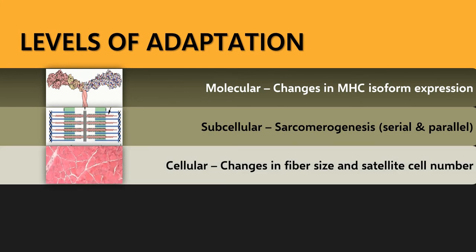Next level, we will see changes in the myofiber size, so the muscle fiber size. Now, as we said, the muscle fibers themselves cannot replicate, and it's very important to remember, you cannot see a division in myocytes or muscle fibers.